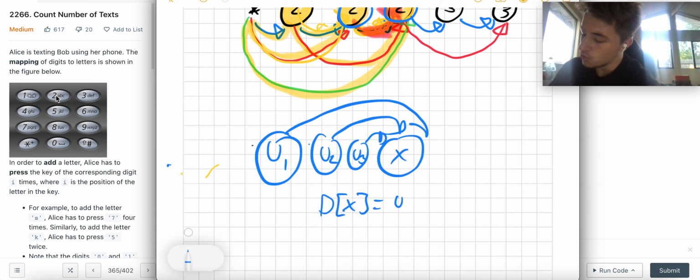It's going to be U1 plus U2 plus U3, right?